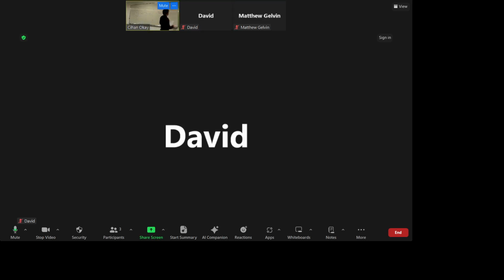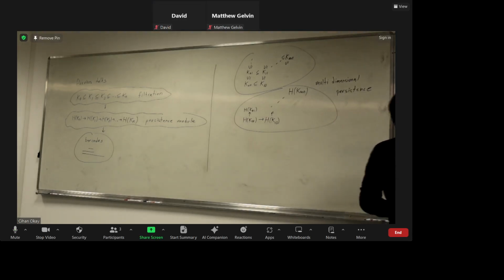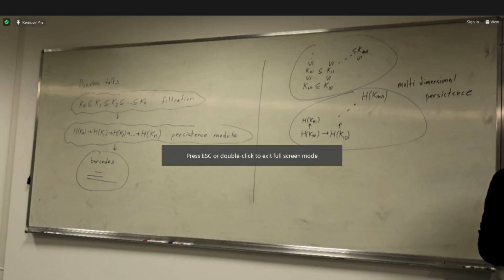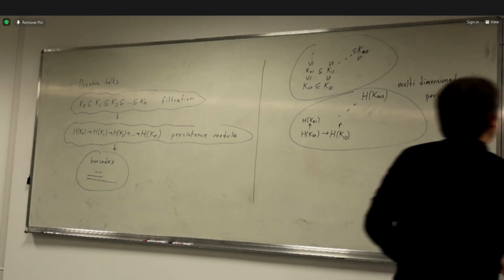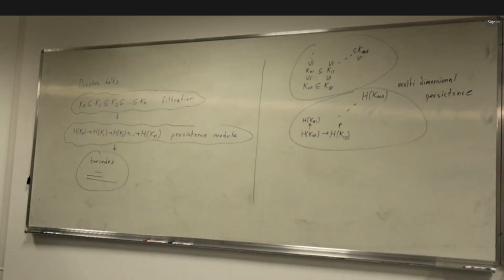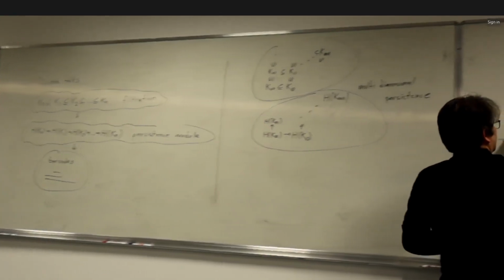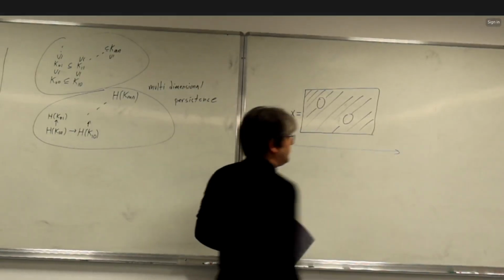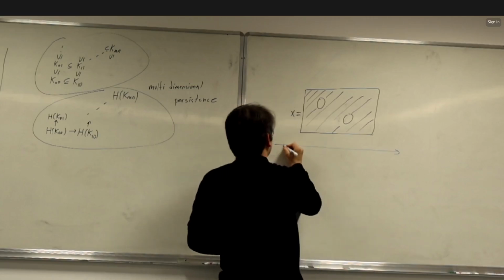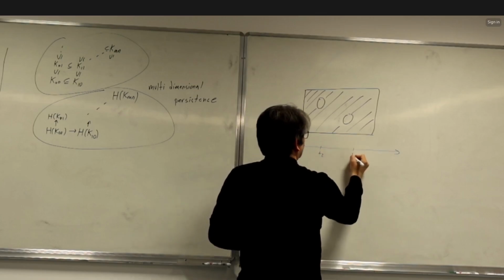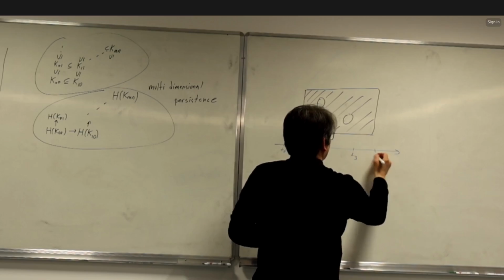Another possibility is to have filtrations of the same object from different perspectives. So let's say you have an object that looks like this. Let's say this is X. Now, one thing you can do is filter this object in this direction. So let's say this is T0, T1, and then T2, T3, T4, and so on.